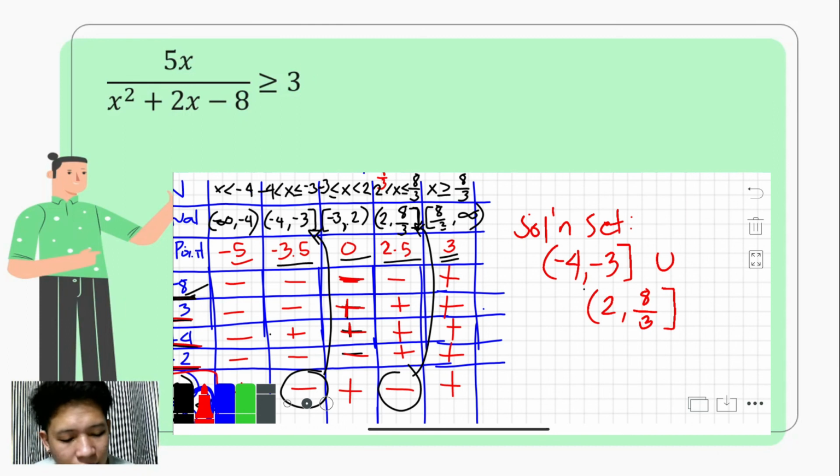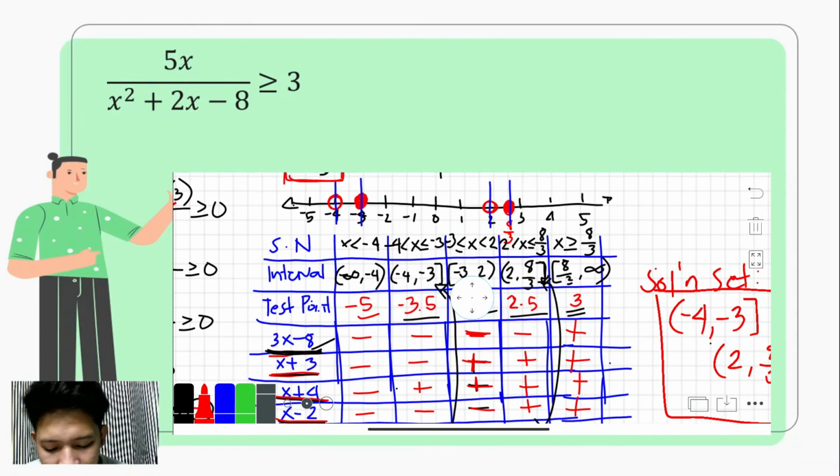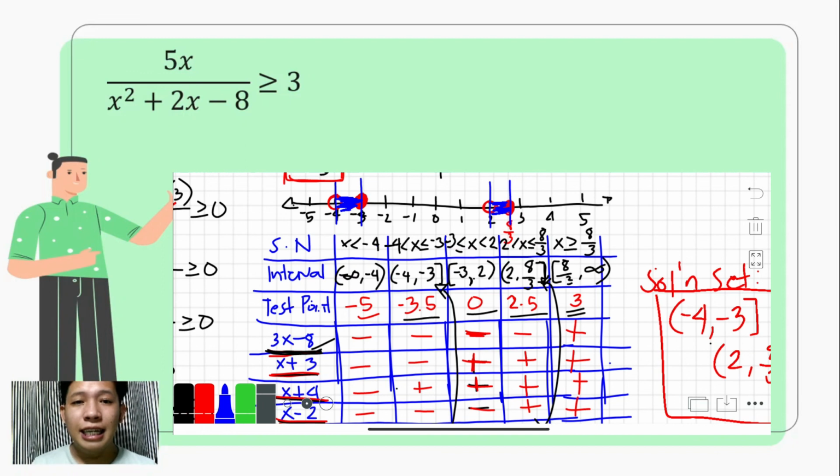So this would be our solution for our inequality. And if we are to graph that, this is our solution. So, etong in-betweens. Okay? So, that's how we solve rational inequality.